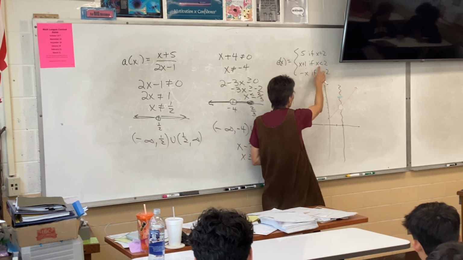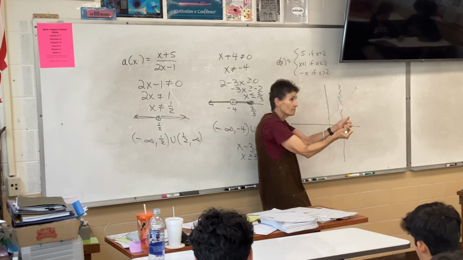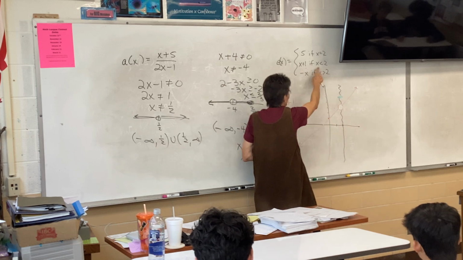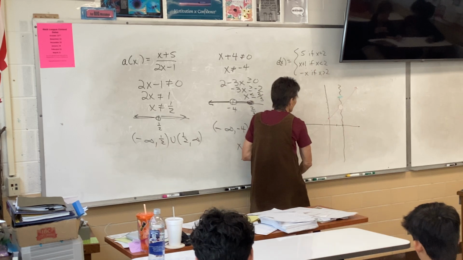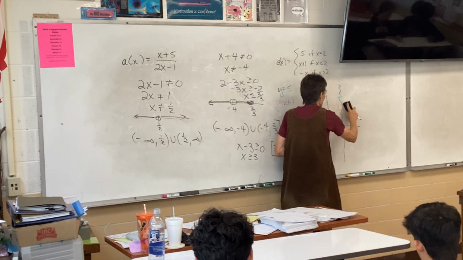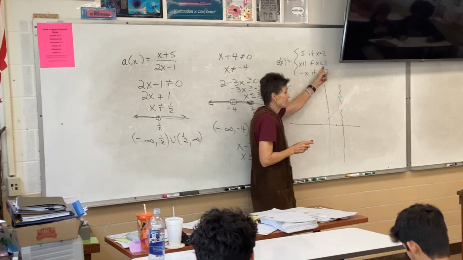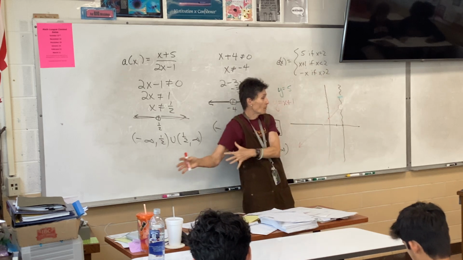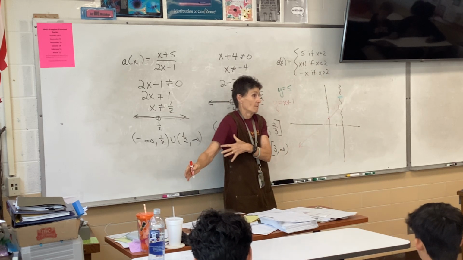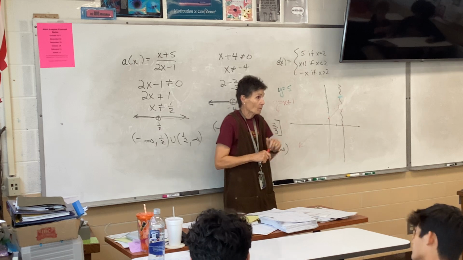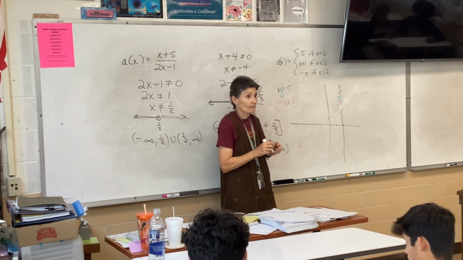And I only want the part of the line, remember I broke it, less than 2. So that would be this part right here. The left part of the picture, and keep it. The other part's going away. Okay?